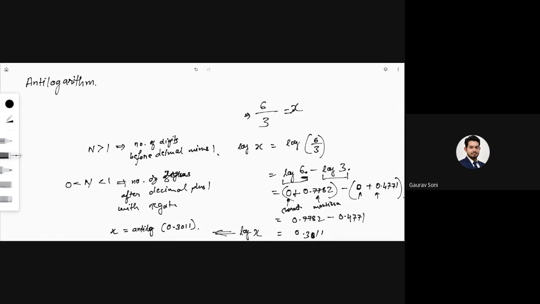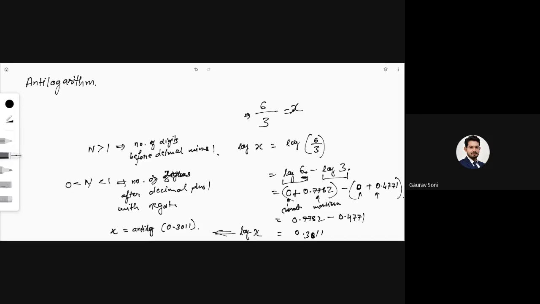Okay, so when I want to find the anti-log of this, in the anti-log table, you can look at these 4 digits, 3011. Look at 0.30, then you look at 1, the entry is 2000.